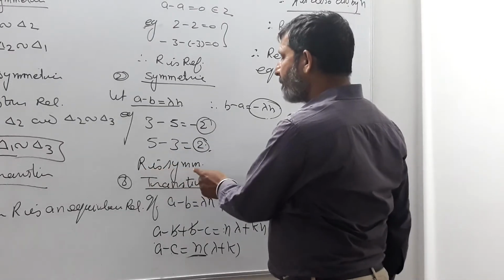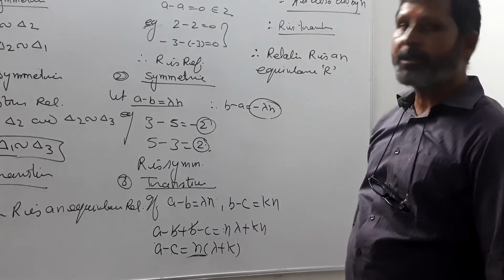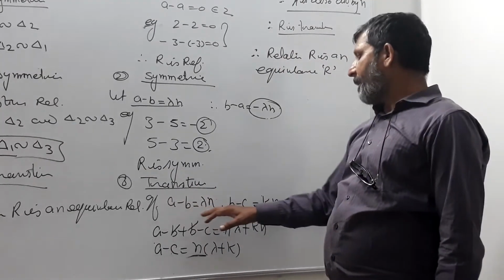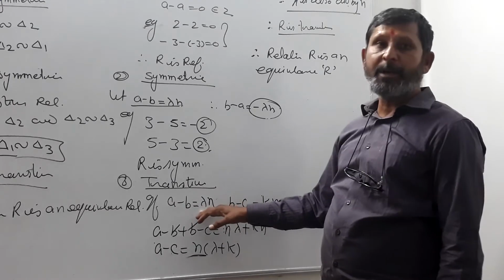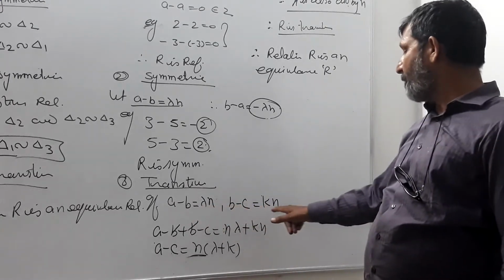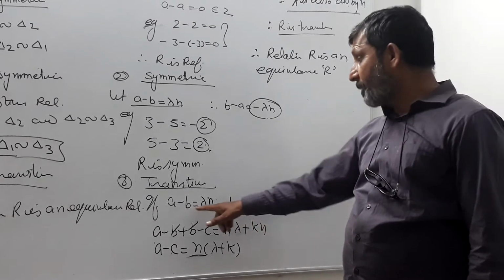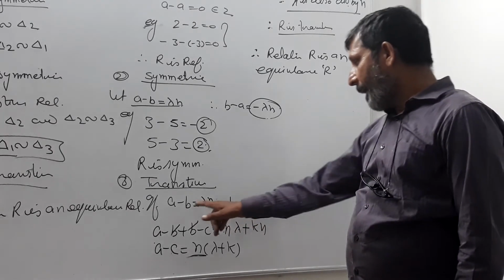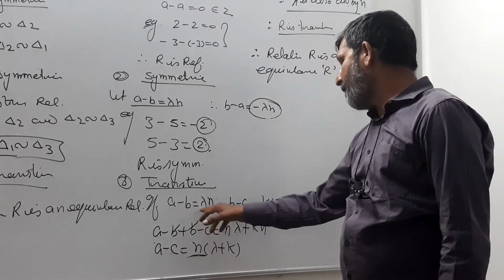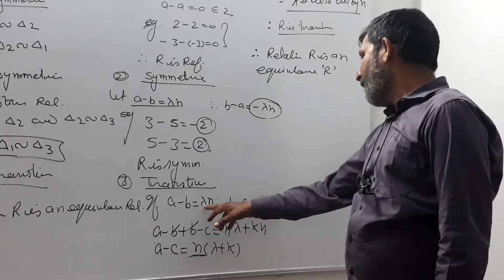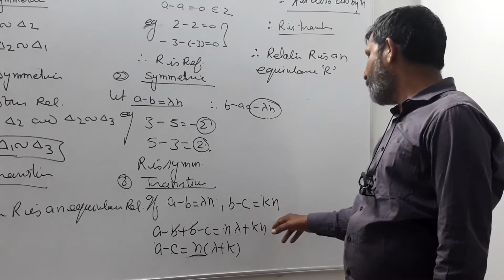Therefore, R is symmetric. For the transitive, if a minus b is divisible by n, maybe 1 times or lambda times n, and b minus c is also divisible by n. Adding these two, a minus b plus b minus c gives lambda times n plus k times n.